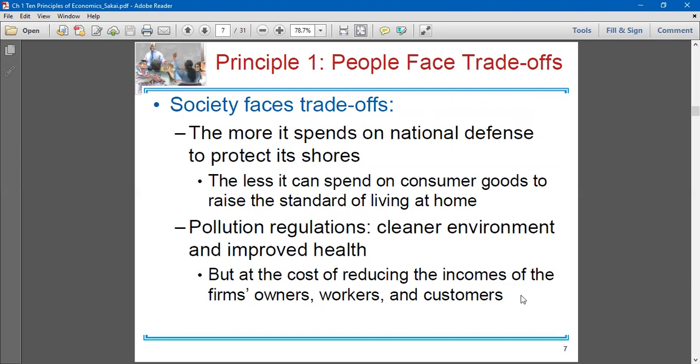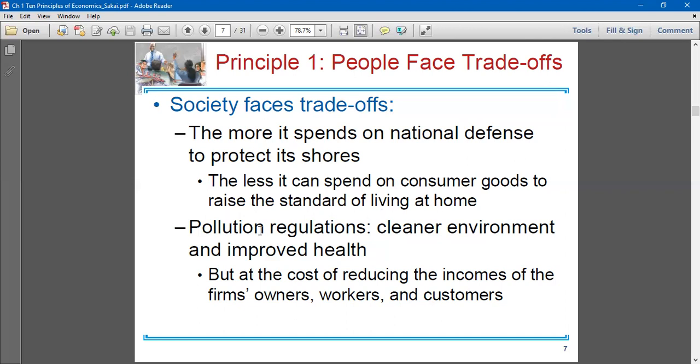And as they do that, there are citizens affected by war who need consumer goods, goods that will help improve their livelihood. But because you are using the resources to protect the country, you are unable to do that. So whilst you are producing more national defense, you are sacrificing the standard of living of those people. That's why when you go to those countries, people are just poor. Even food is an issue because a lot of resources are going into national defense.